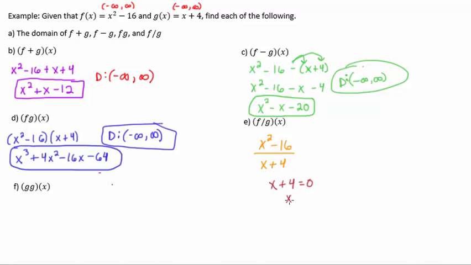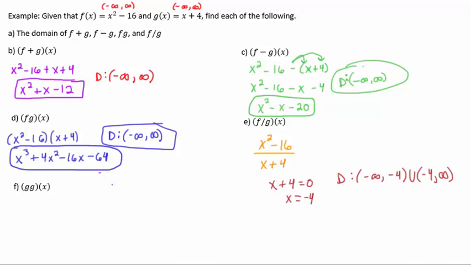And so that happens at x equals negative 4, which means our domain is going to be from negative infinity to negative 4 and from negative 4 to positive infinity. That's how we write this in interval notation, is that we're going all the way to negative 4, but we put a parentheses because it's not equal to, and then we start back up at negative 4 and go to infinity.